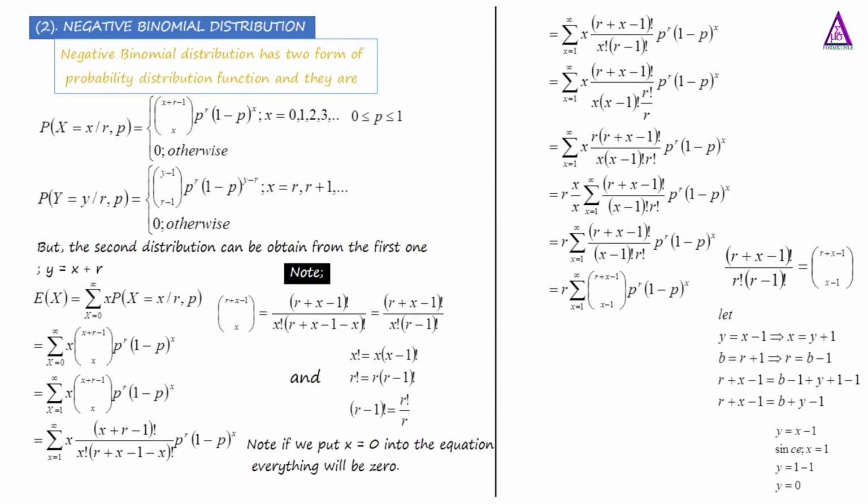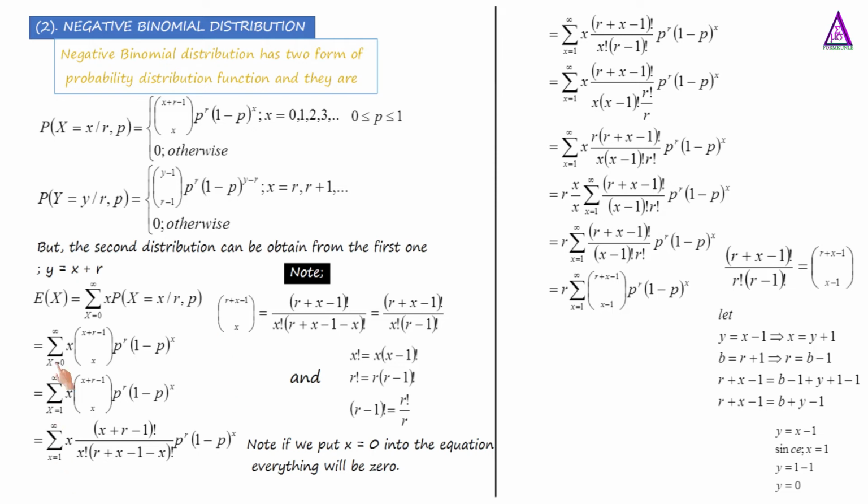Proving of expected value of negative binomial. We have the summation, x ranges from 0 to infinity, of x times the probability distribution function of negative binomial, which is equal to the summation of x from 0 to infinity, x times C(x + r − 1, x) p^r (1 − p)^x, which is the probability distribution of negative binomial.